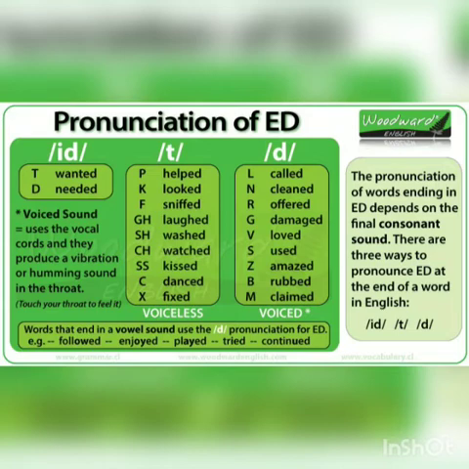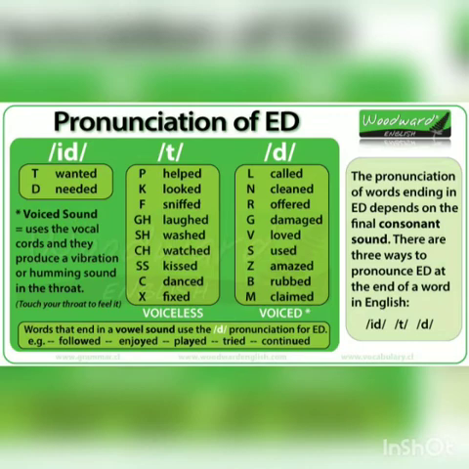The s sound in the verb use has a z sound, so I say used. The letter z in the verb amaze becomes amazed. Rubbed, in the verb rub, like to clean something, you rub it.